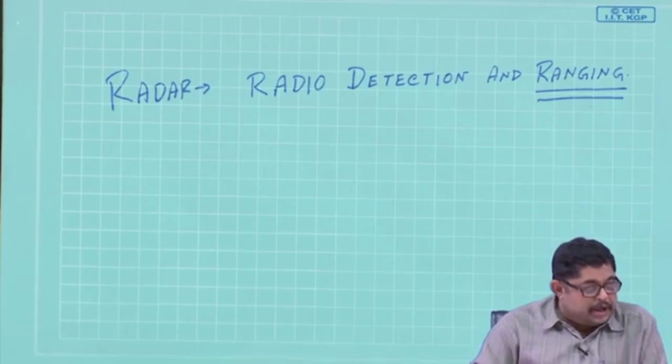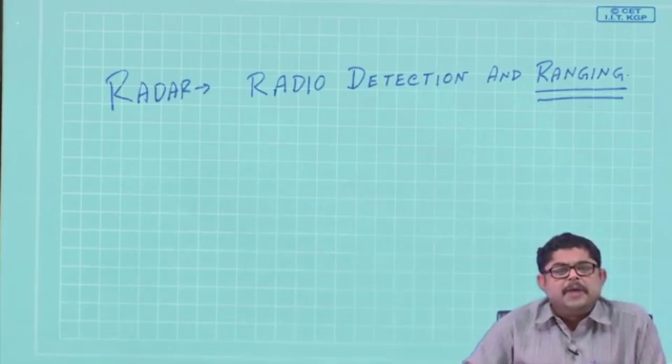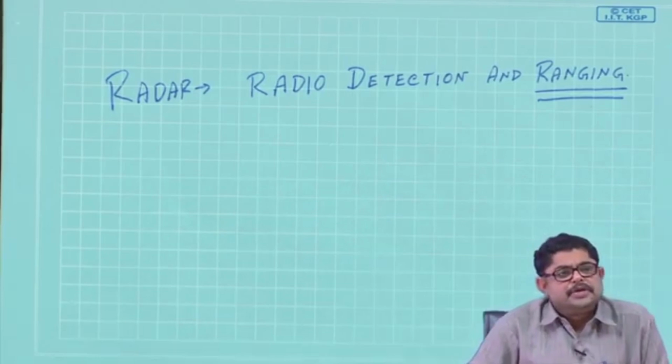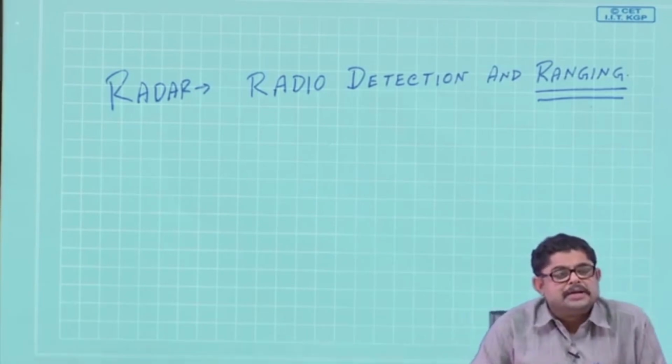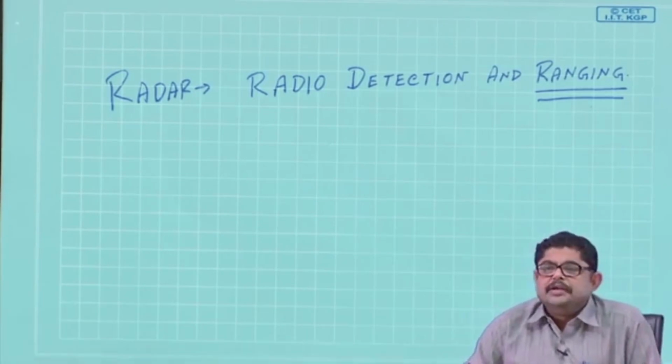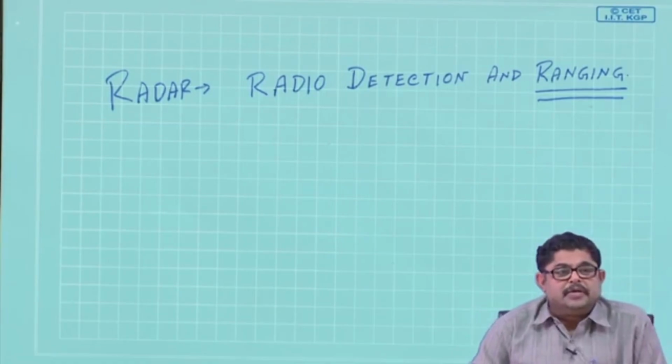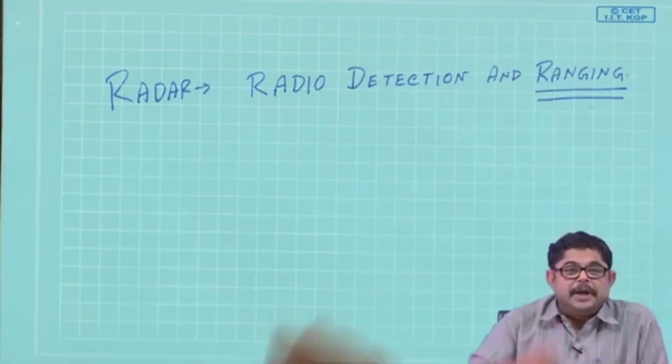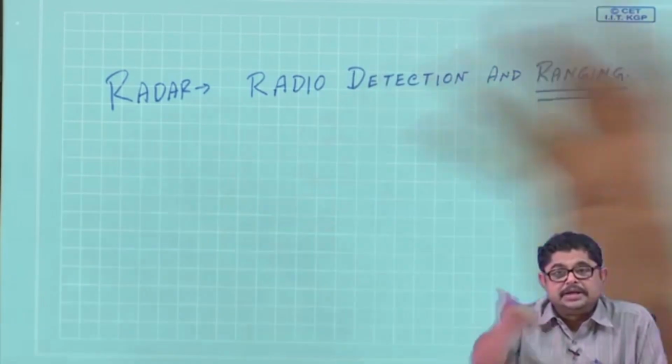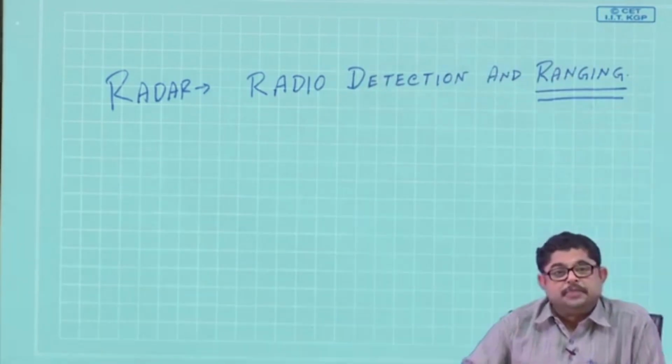Now, if we look back at the history of the development of radar, you know that Heinrich Hertz proved that electromagnetic radiation is possible, and by that he showed that communication is possible.